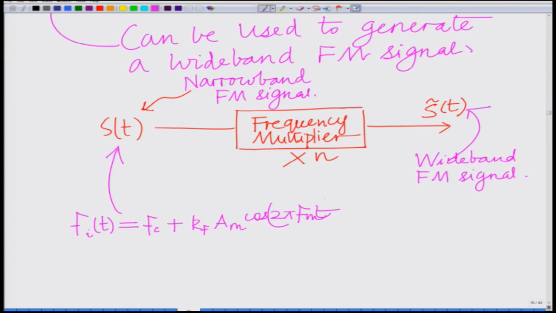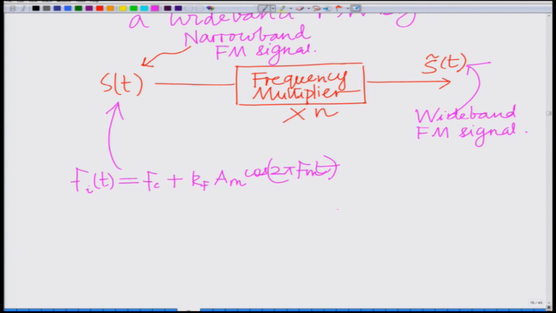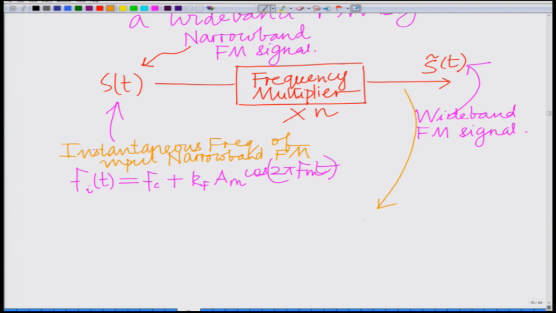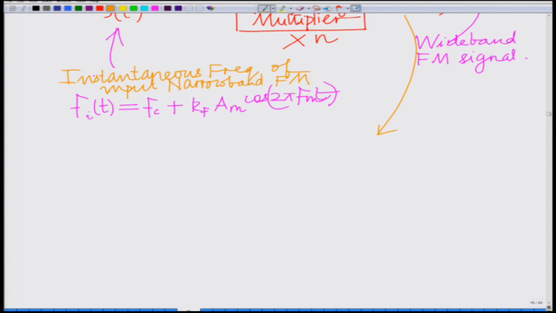This is my input frequency, the instantaneous frequency of the input narrow band FM. Then the output frequency is f_o(t).